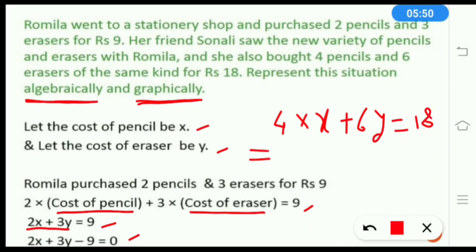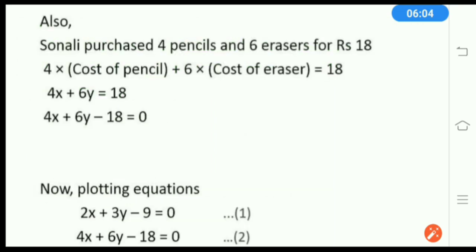So it implies 4x plus 6y minus 18 equals to 0. Clear? So here we write, Sonali purchased 4 pencil and 6 eraser for rupees 18. So 4 into cost of pencil plus 6 into cost of eraser equal to 18. So 4x plus 6y equal to 18, so 4x plus 6y minus 18 equals to 0. So this is the other linear equation in two variables.